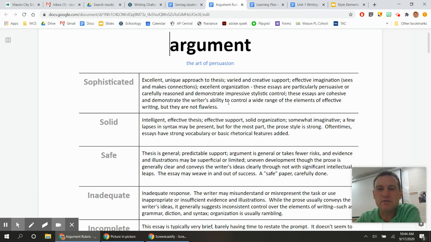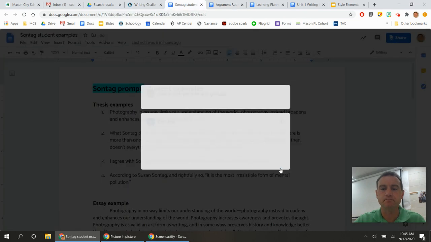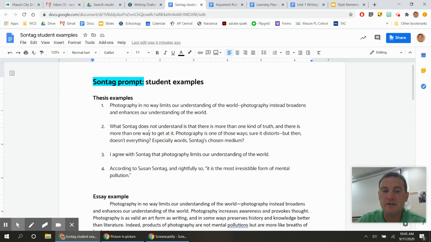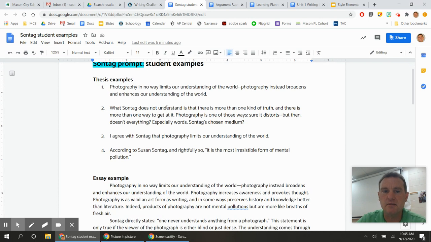So I know there's some gray area in those adjectives, and that's what we try to do in our editing slides, give you some tips about how you could move your style from being solid maybe to being sophisticated, okay? But that's the language that we'll start to use. And I just gave you some examples here of some thesis statements that you could look at as a way to say, all right, this one's probably solid. This one's probably sophisticated, right? So as I look at them, I'll just walk through them with you.